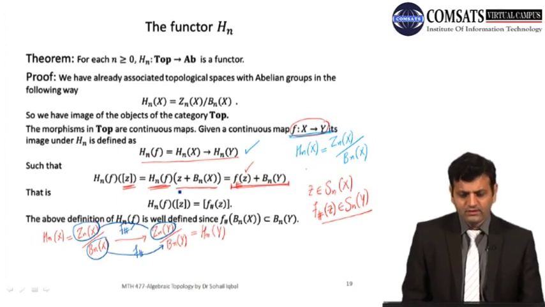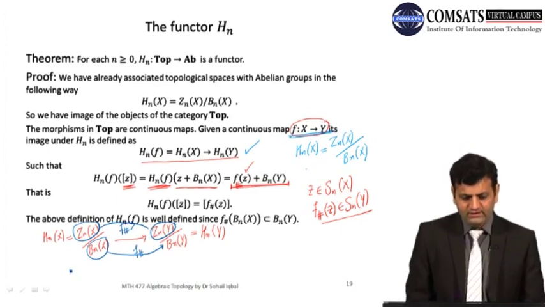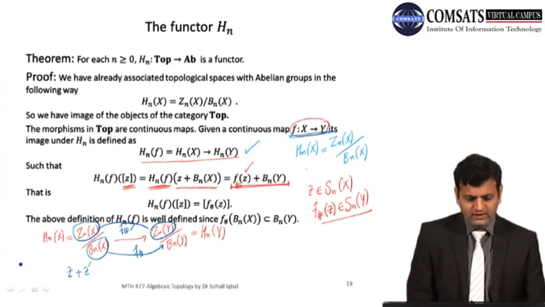Of course, the only problem could be if I have two different elements of the class. So if I have an element z and another element z plus z prime, where this z prime belongs to Bn(X), such that the class of this is equal to the class of z.